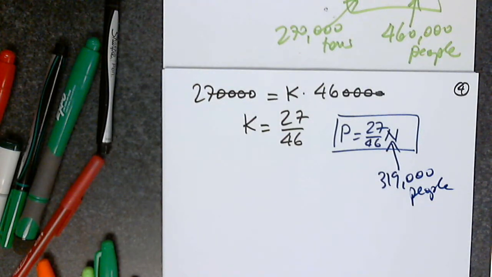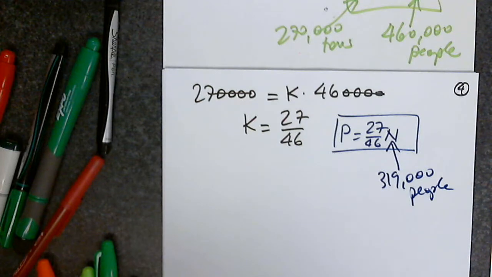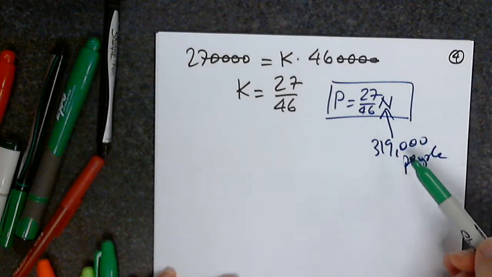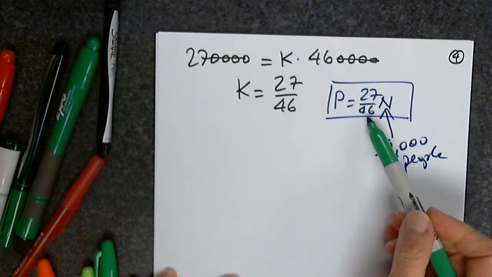Now we are asked about a different city, how many tons of pollutants it appears to produce, according to the relationship we have. What do I have to do? Yes, multiply 27 by 319,000 and divide by 46.